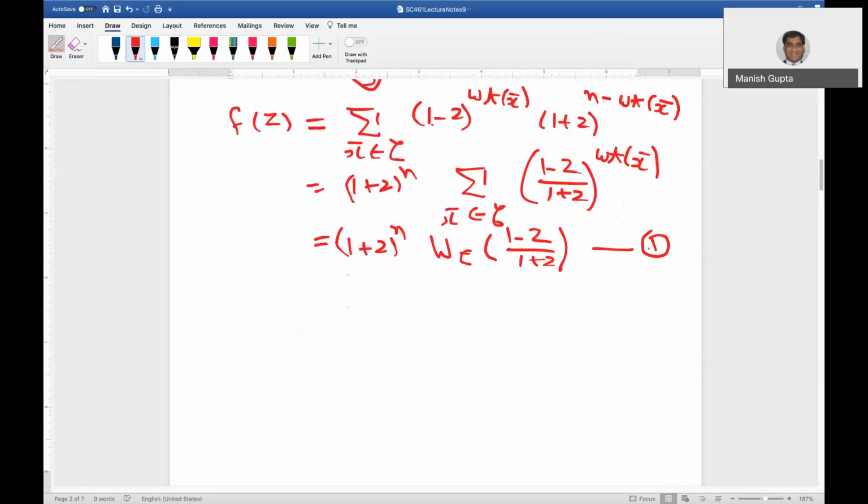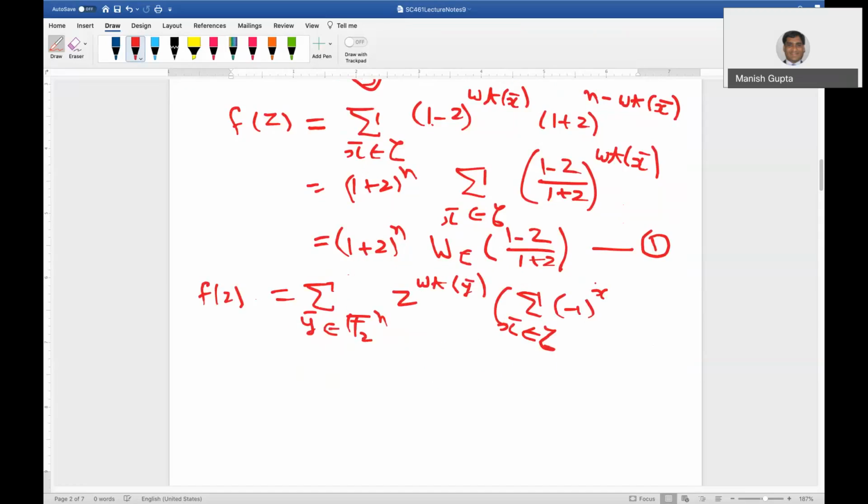On the other hand, we can compute f of z by reversing the order of summation. I can write it as the summation over y belongs to F_2 to the n of z raised to power weight of y, and the summation over x belongs to C of minus 1 raised to power x dot y.